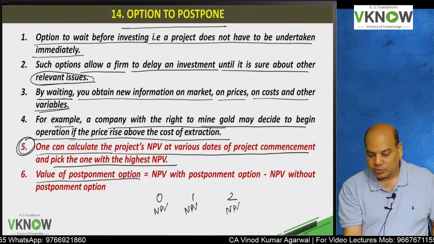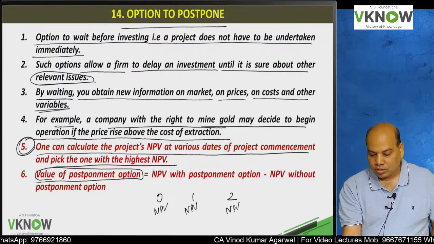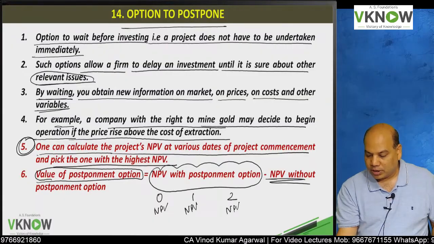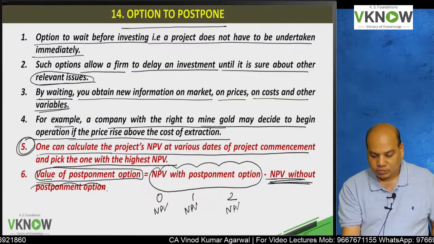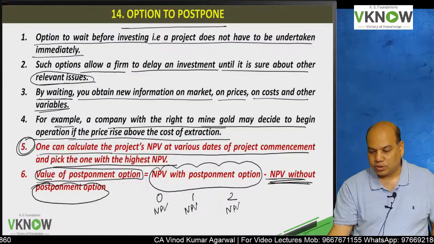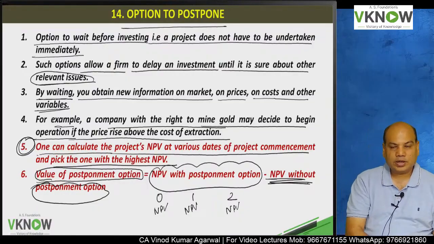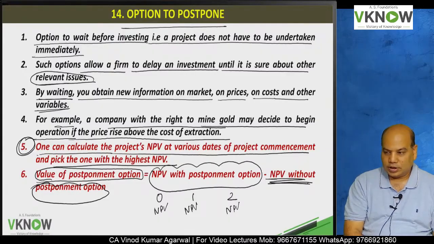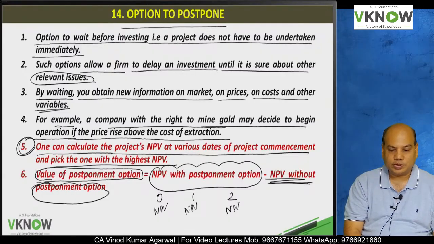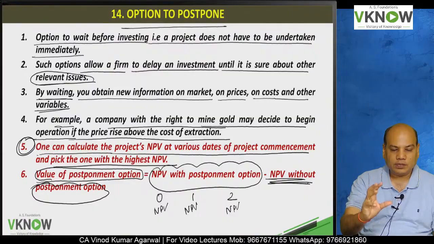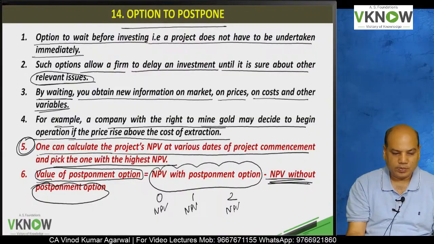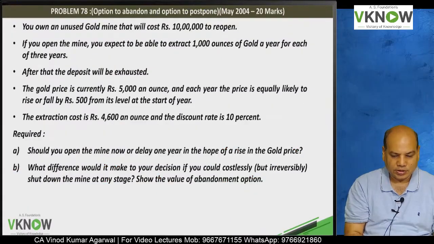Value of the postponement option is equal to NPV with postponement option minus NPV without postponement option. That is the value of the postponement option. If they ask you, then it is the difference between the two NPVs. Normally when you have an option, your NPV can be improved, NPV can be maximized.